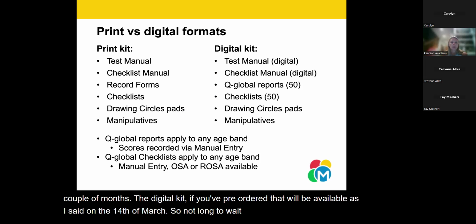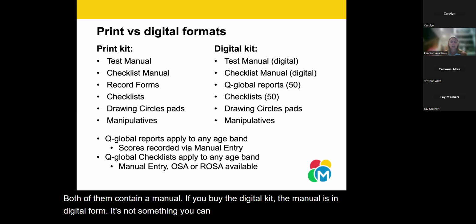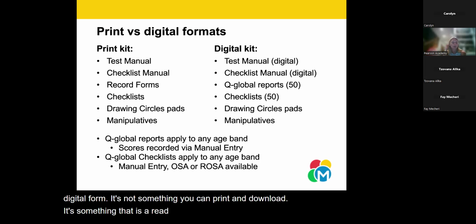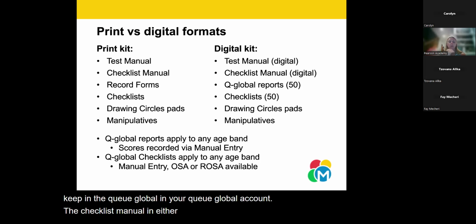Both of them contain a manual. If you buy the digital kit, the manual is in digital form. It's not something you can print and download. It's read-only on the screen, and it's an asset that you'll keep in your Q Global account. The checklist manual comes in either paper form or digital form.